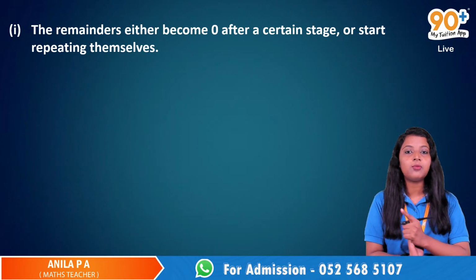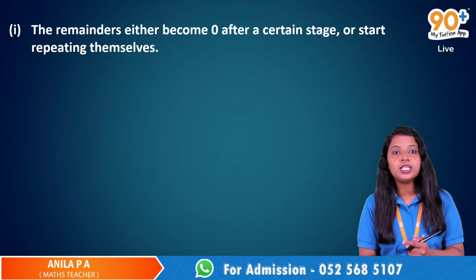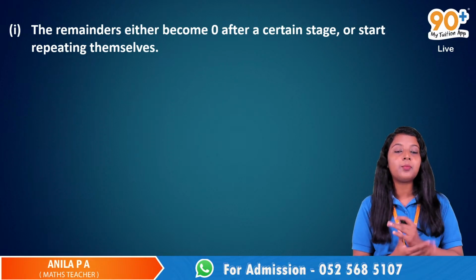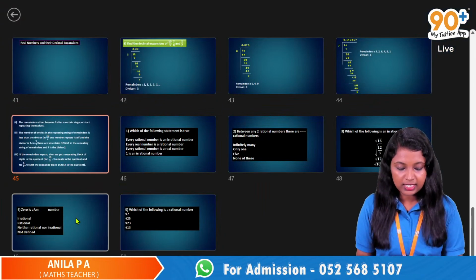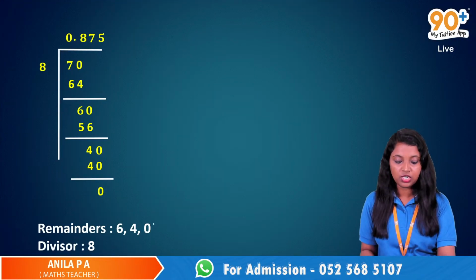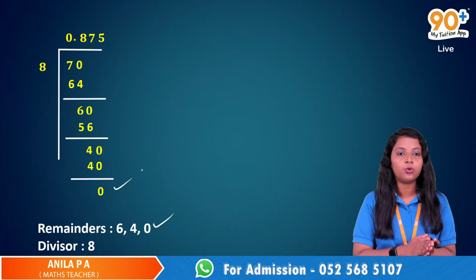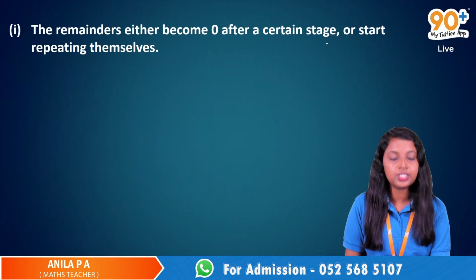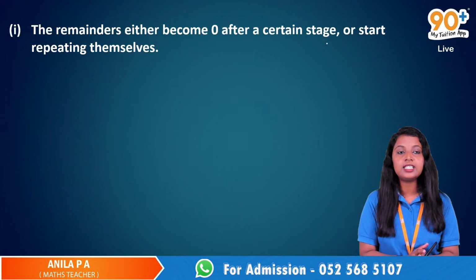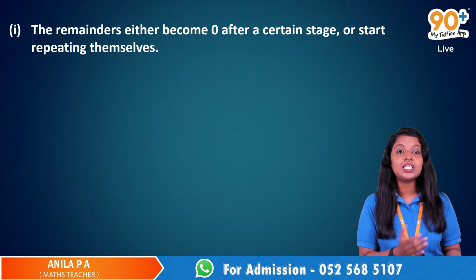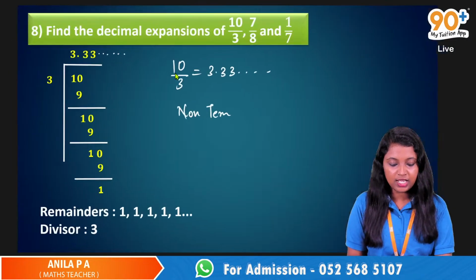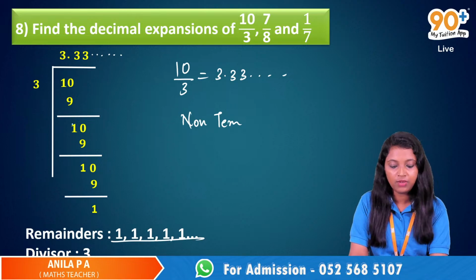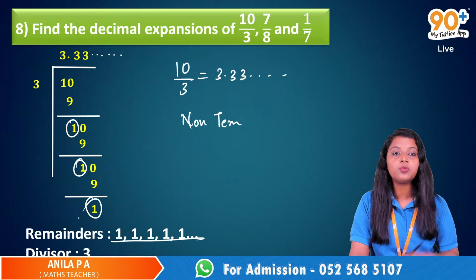The first thing that we can observe is the remainders either become 0 after a certain stage or start repeating themselves. Here you can see that the remainder becomes 0 after a certain point. In the other case, it was repeating: 3.3333 and the remainders were 1, 1, 1, 1. The remainders were repeating.